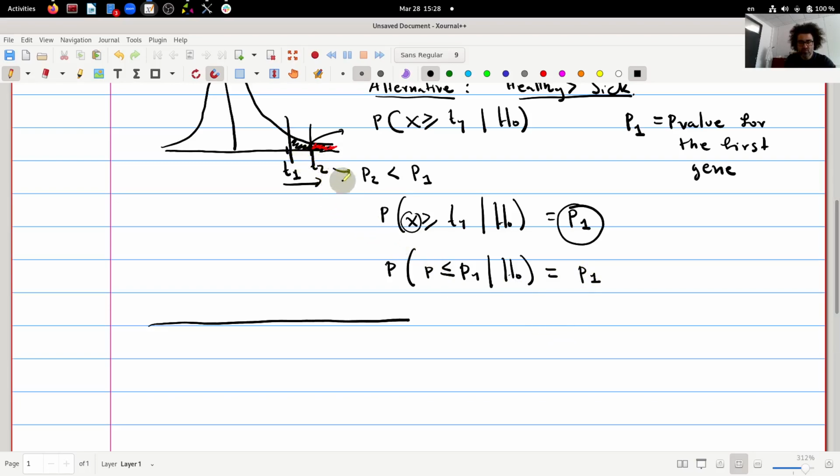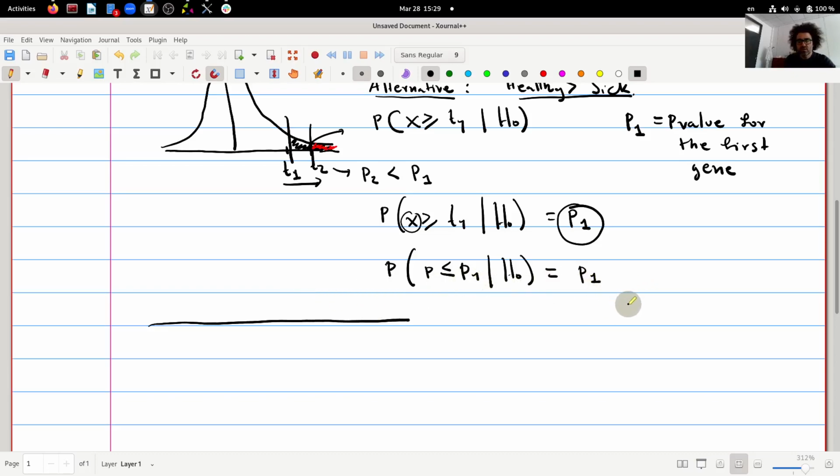Because if we find a t-statistic value which is greater than t1, then this automatically means that this t-statistic value will be associated with smaller probability because it will be more extreme than t1, but the probability to find such a t is exactly p1, and therefore the probability to find a p-value which is smaller than p1 is exactly p1.